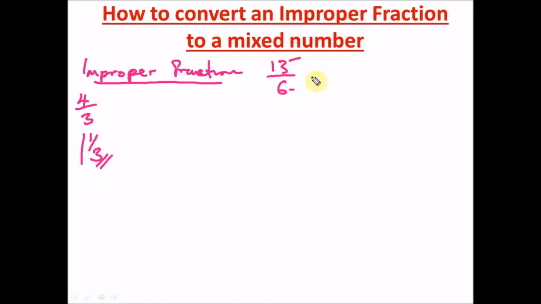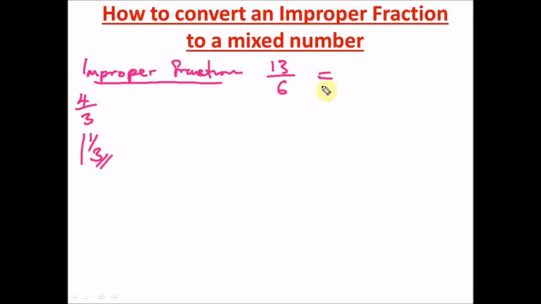So let's say we are to convert this improper fraction to a mixed number. What's the first thing you do? The easiest way, so you don't get confused, is the method I love and teach. There are several methods, but I feel this one is easier for you to get quickly.